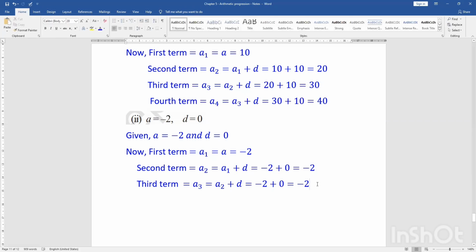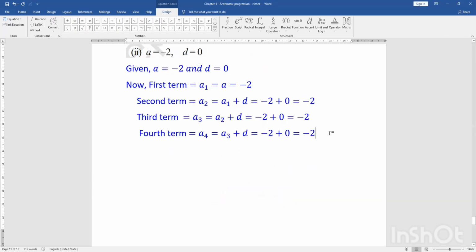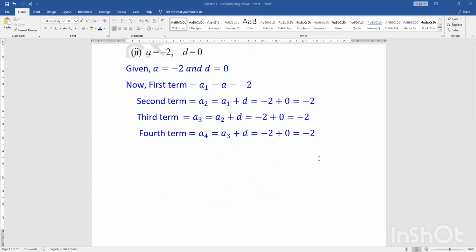Then we go on to the fourth term, which is A4. So A4 will be nothing but A3 plus D, that is -2 plus 0, again gives you -2. Right, children?